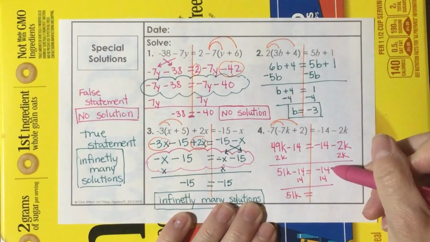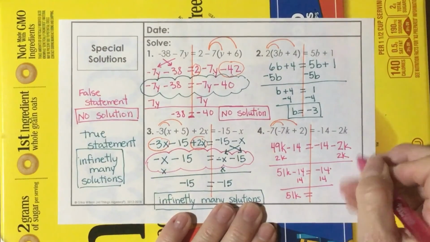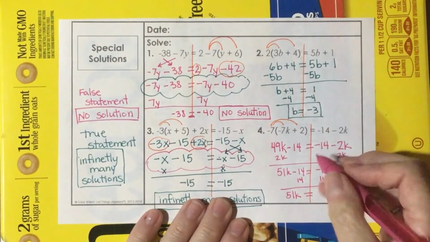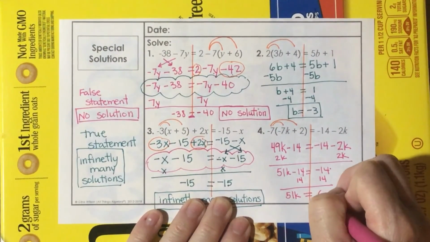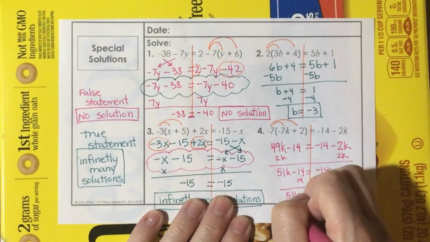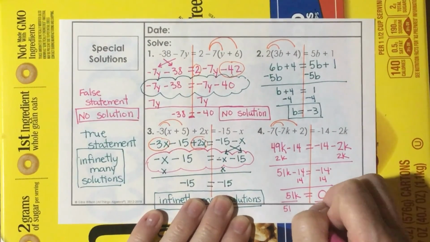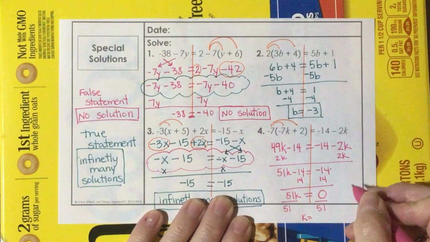And over here, we have a -14 and a +14, so that cancels out. We can't just leave nothing because you can never just have a blank side. So this is when we will put our 0 in. Now we'll divide both sides by 51. So k equals 0 divided by 51.